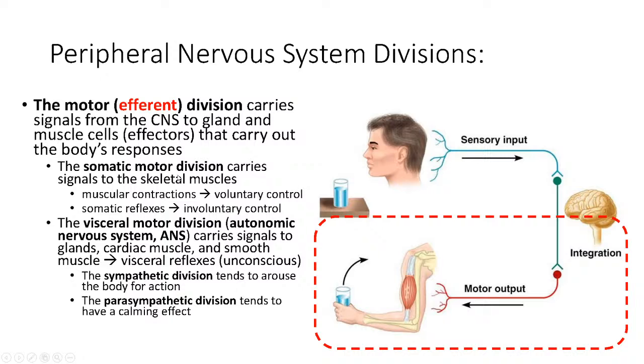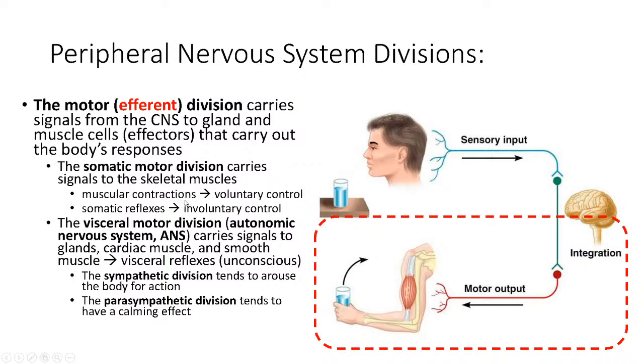You cannot consciously control glands, you cannot consciously control cardiac muscle, and you cannot consciously control smooth muscle. Only skeletal muscle can be controlled through the somatic motor division. All right. So we control, yes, the skeletal muscle contractions. That's under voluntary control. We choose to move certain ways.